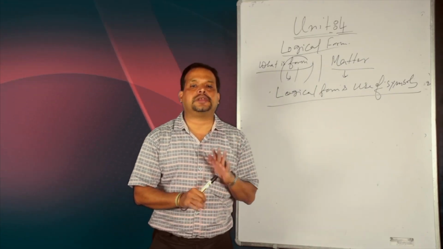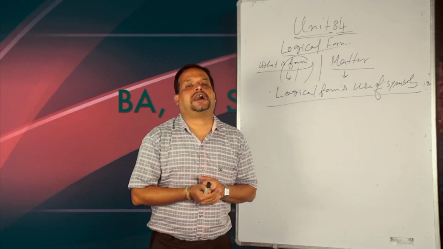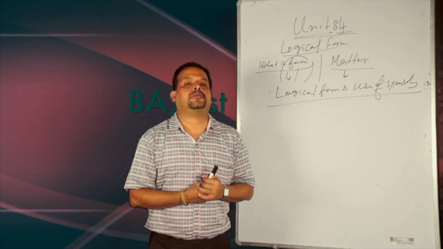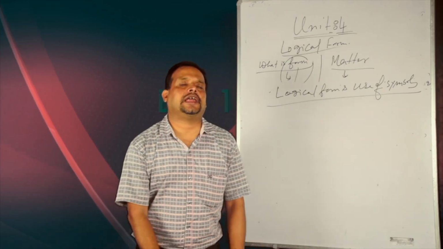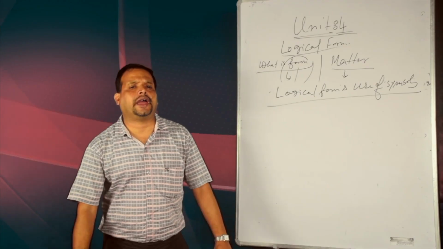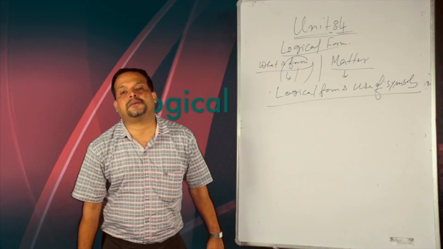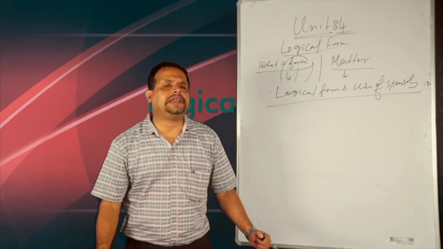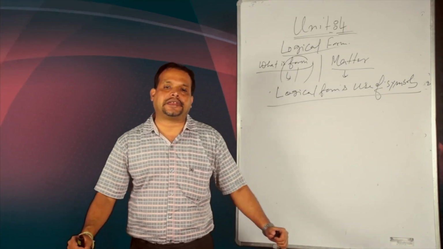Thus, the use of symbols facilitates the discernment of logical form. Modern logic, dear learners, is a development of traditional deductive logic, which is completely formal in nature, just like mathematics.